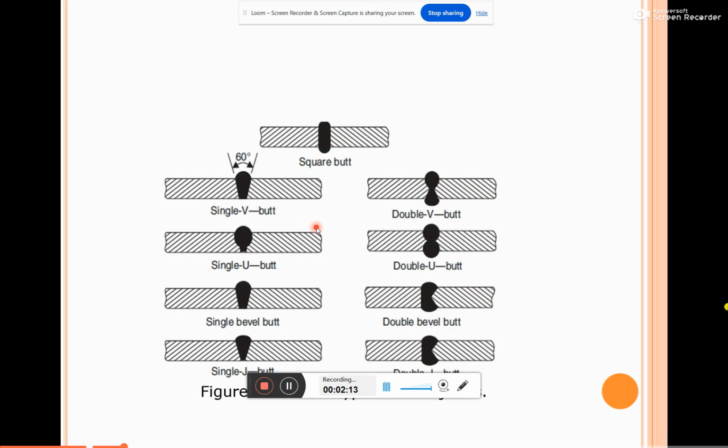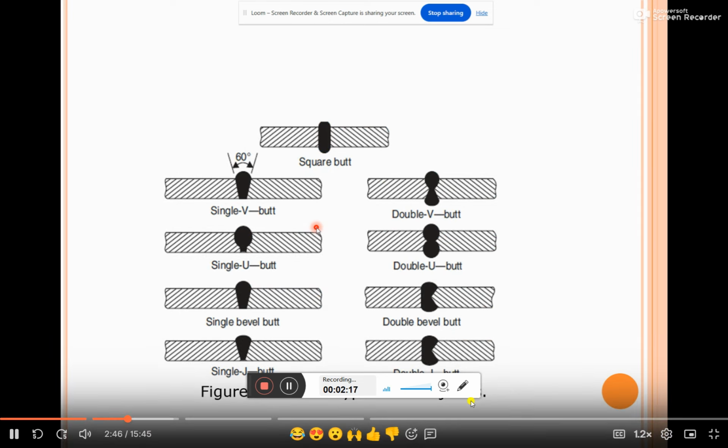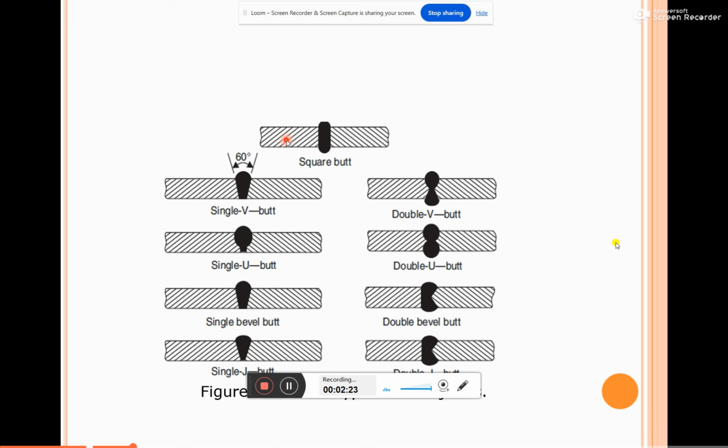The next one is the butt joint. In the butt joint, whatever workpieces or plates you want to weld, those two plates are placed edge to edge.